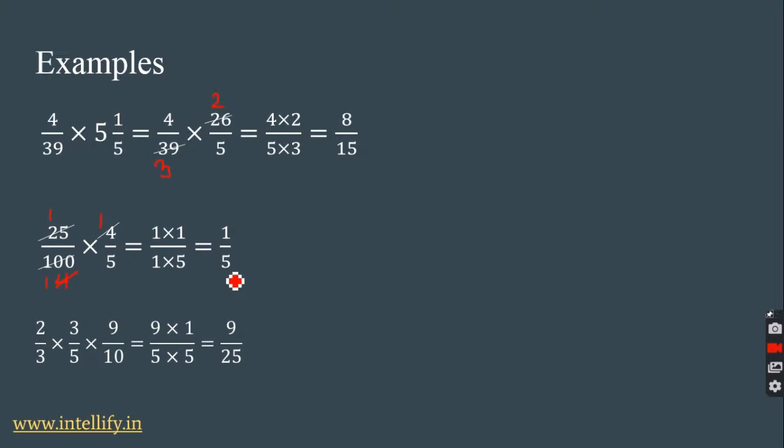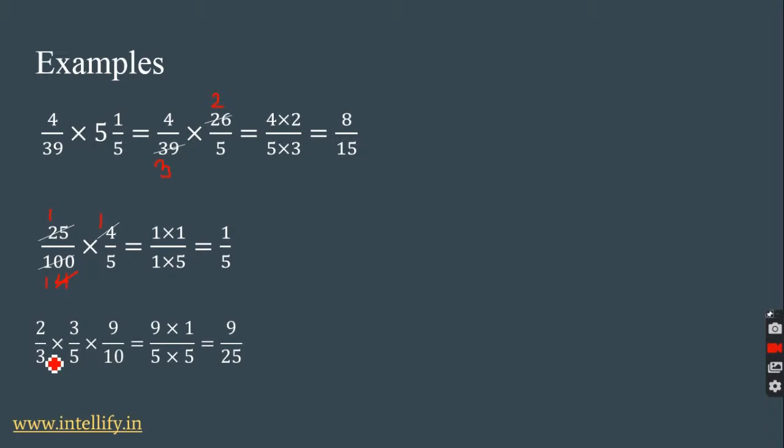That's the answer. Now for the third example we have three values to be multiplied, which is not necessarily hard. Basically our goal is to reduce the numerators and denominators by division. One thing I would like to point out again is that you can only divide between a numerator and a denominator. That is, division can only be done between two values on the opposite side of these lines.